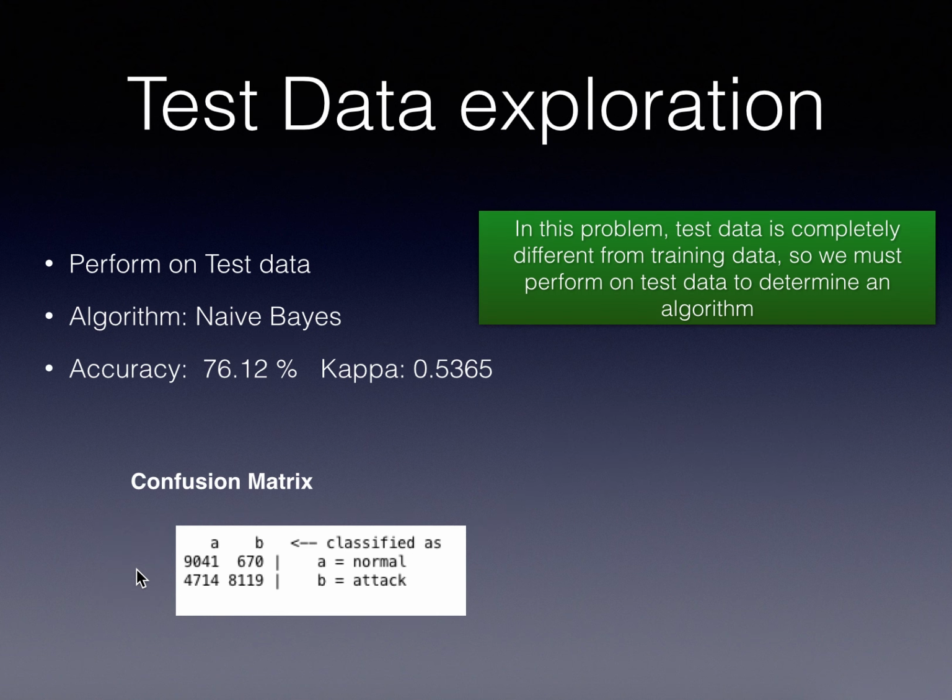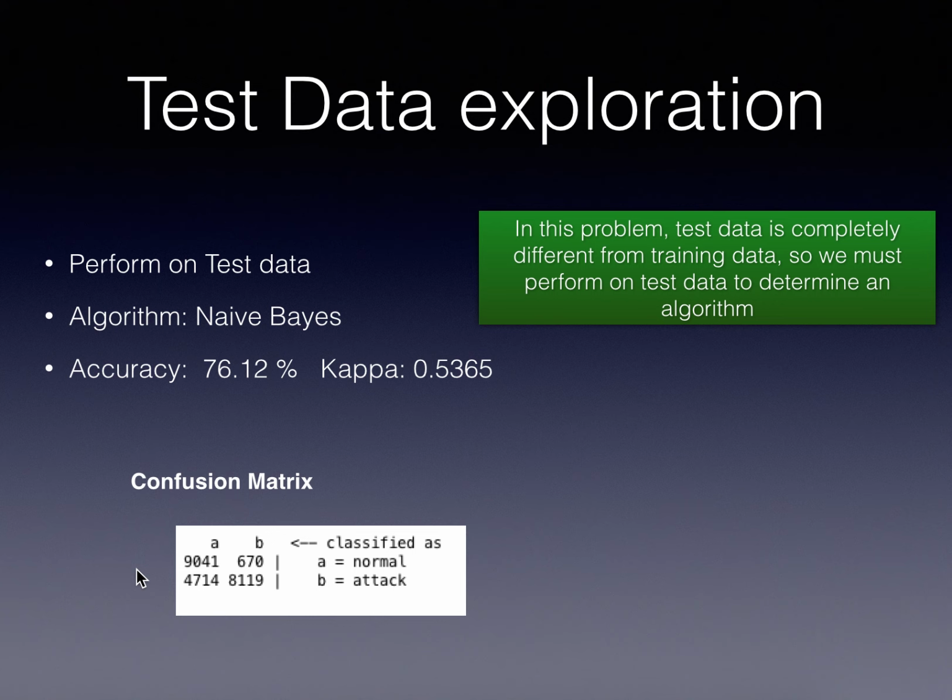But in this particular problem, the test dataset is completely different from the training data. So I need to perform on the test data to determine an algorithm and to test if it is good. Here I perform naive Bayes on the test data, and as we can guess, the accuracy and kappa fall significantly.